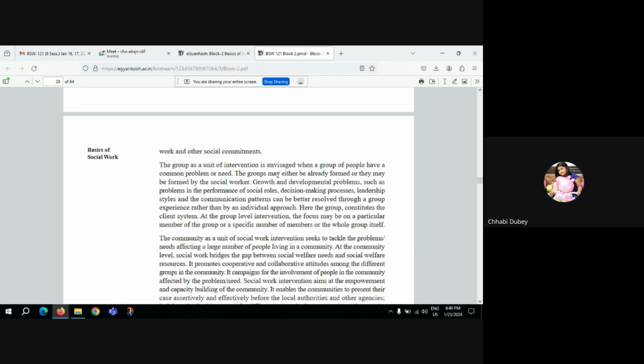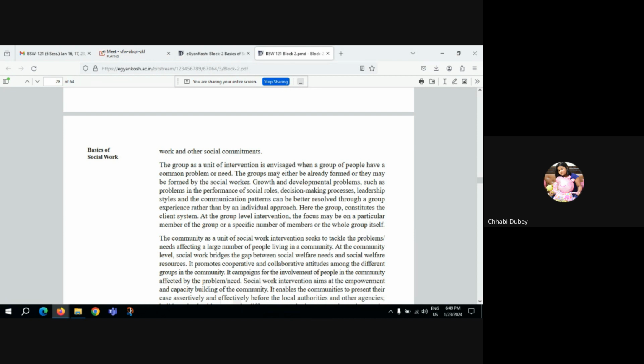For example, a social worker may enter a community to suggest some interventions which may lead to sustainable livelihood choices for the community members. This is done very frequently when dealing with urban development and rural development work, working directly with the community at the community level.